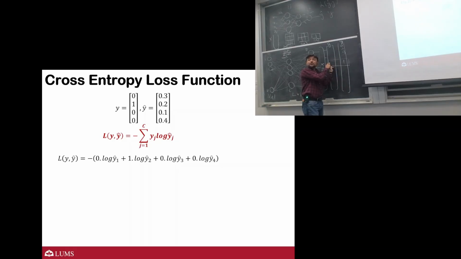Your distance from the true answer is 1 minus 0.03. This is how much you go back and tell all of them to change themselves so that next time when you produce an answer in this position, they should have a number which is bigger than 0.03. That's the semantics of the gradient descent, of the back propagation that's going to happen here.